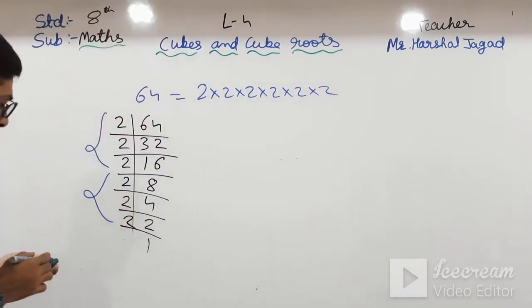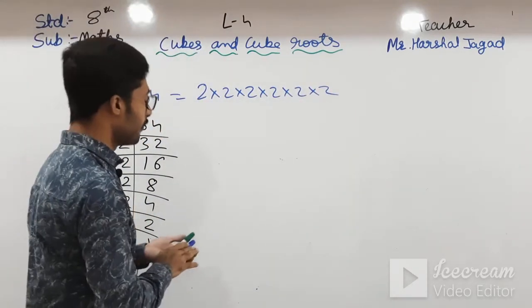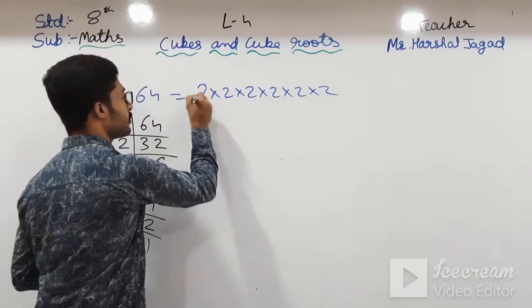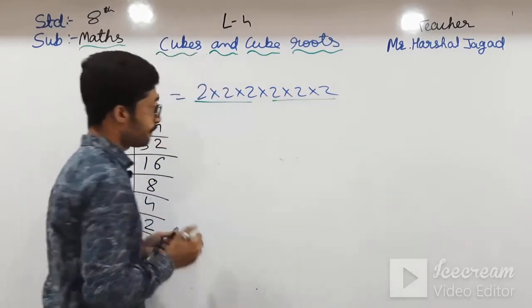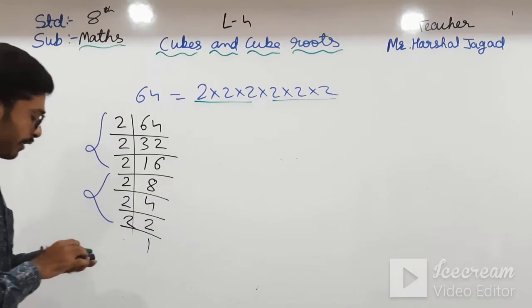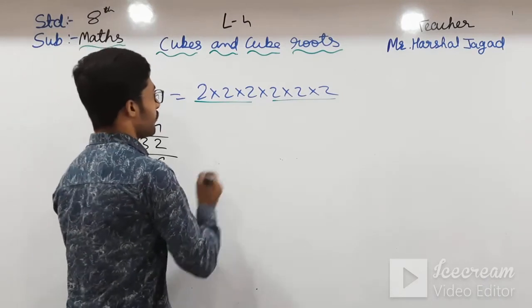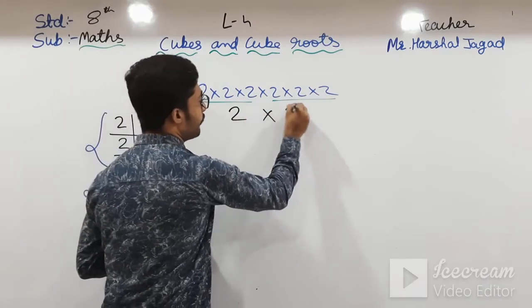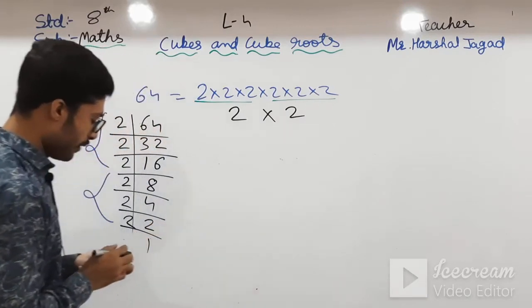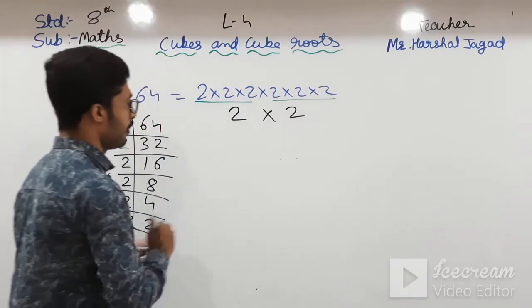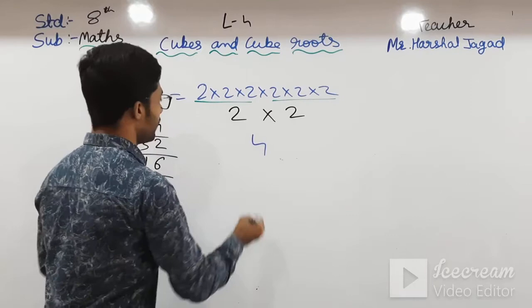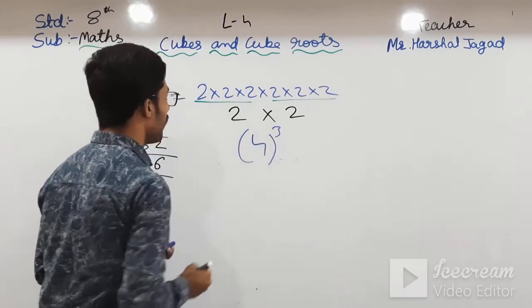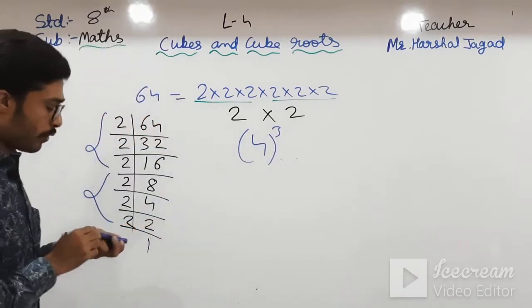For the cube root, we have to take groups of 3. So here these are two groups of 2 2 2. So 2 into 2 is 4. So 64 is a cube, and 64's cube root is 4.